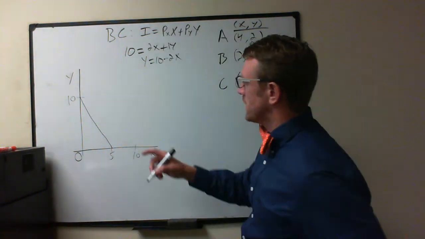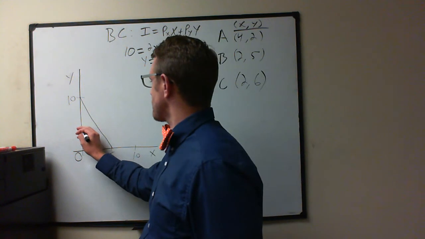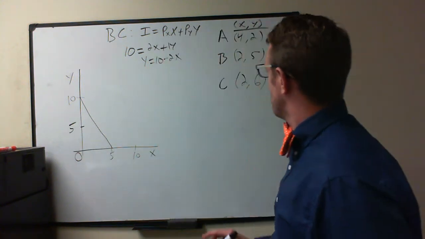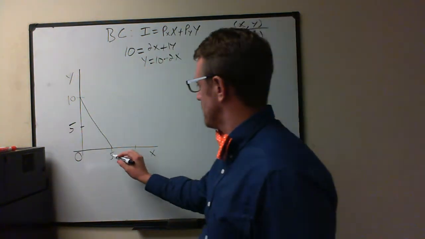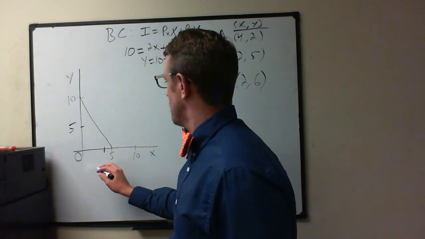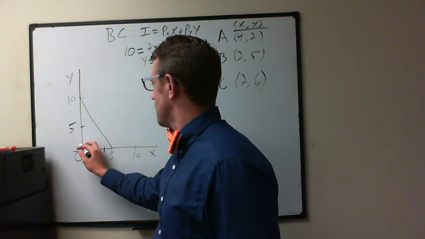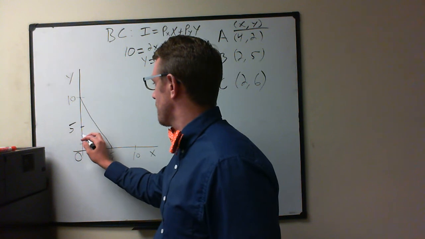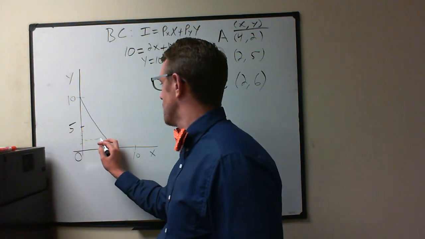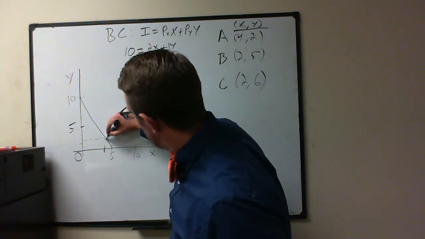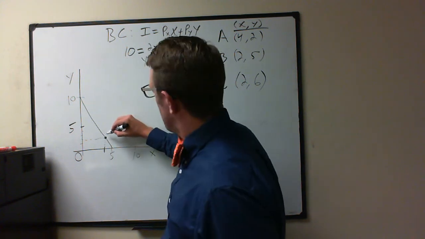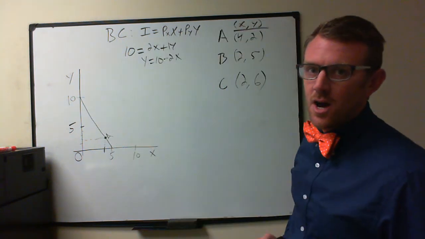So we can go over here to our budget constraint. 4 and 2. Here's 4: 1, 2, 3, 4. Here's 2.